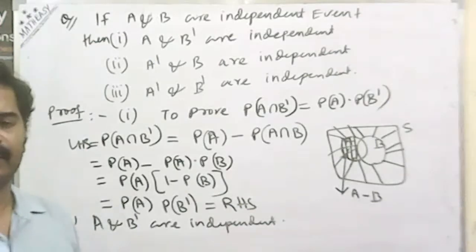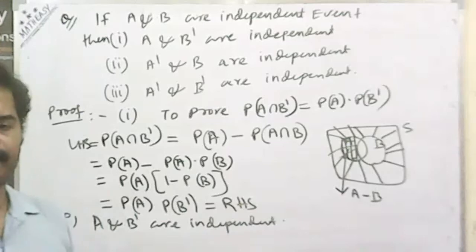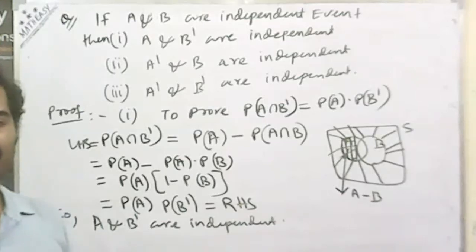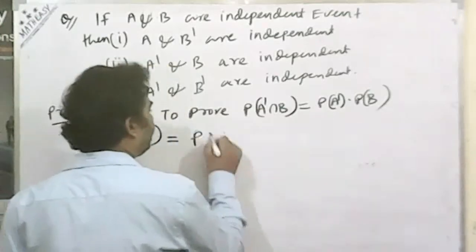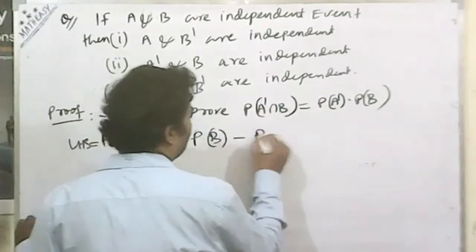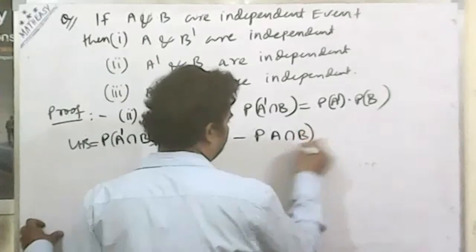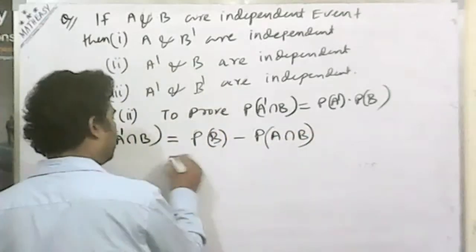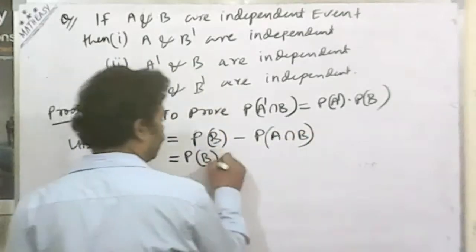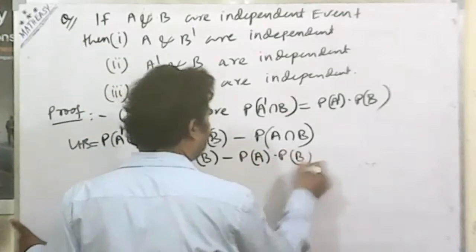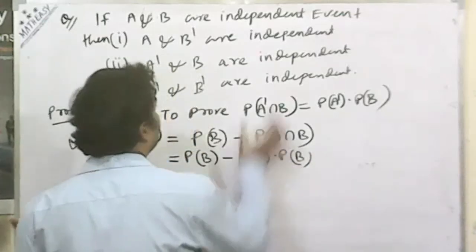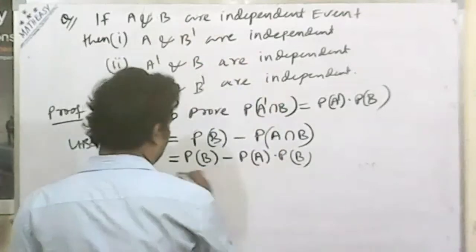Now, second bit. Similarly, that is probability of B minus probability of A intersection B. It means probability of B minus probability of A into probability of B. Why? Now, A and B are independent events.